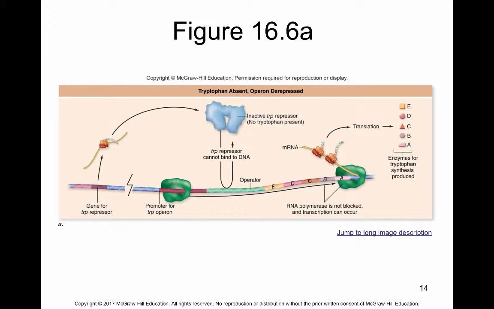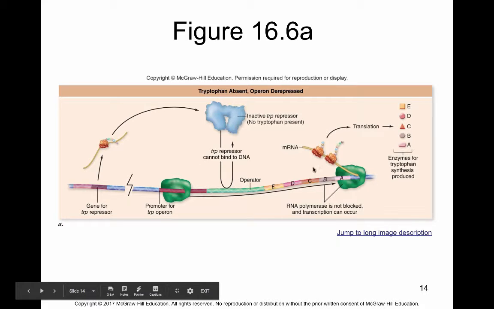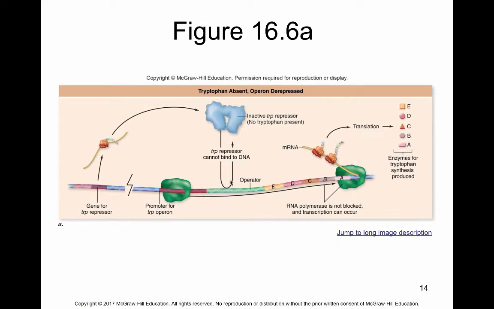If we take a look at this image, the trp repressor is in an inactive state as it gets translated from the regulatory gene. So that tryptophan repressor is in an off state. It cannot bind to the DNA, and so my RNA polymerase here can make tryptophan. So when there is no tryptophan present, we know we're going to do transcription and make it.